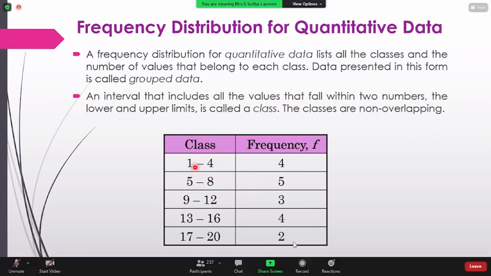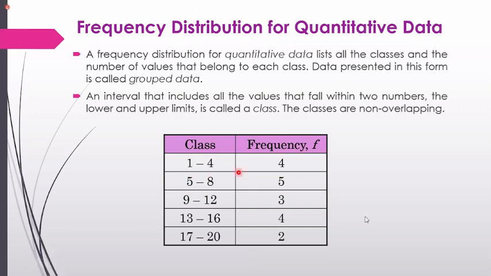This interval includes only the numbers from 1 to 4, and this class includes only the numbers from 5 to 8. So one number cannot fall in any other class. So these two classes are non-overlapping classes, right?